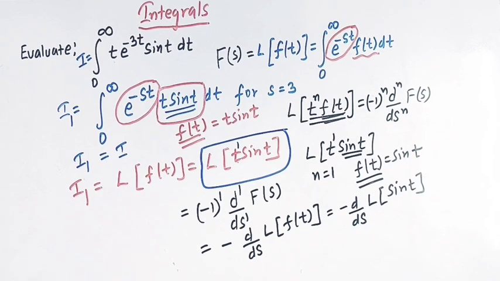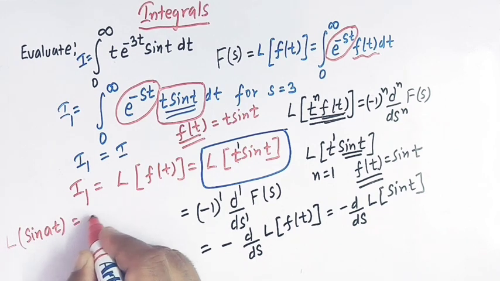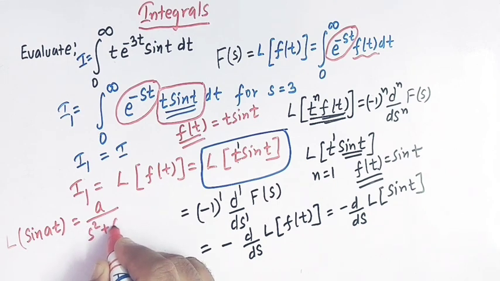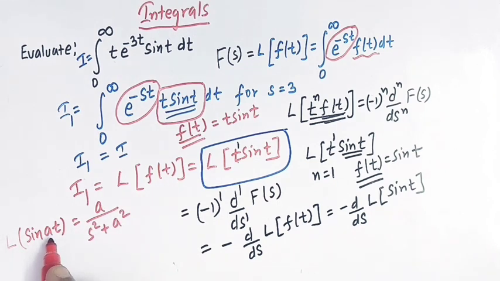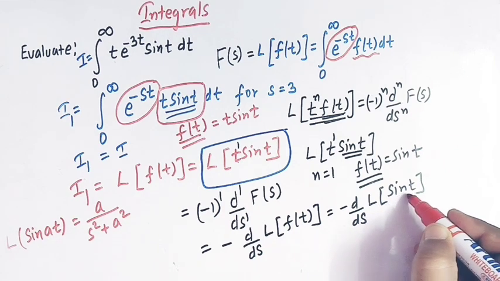And now we know an important result, that is the Laplace transform of sine of at is given by a divided by s square plus a square, right? And here we have to find the Laplace transform of sine of t.